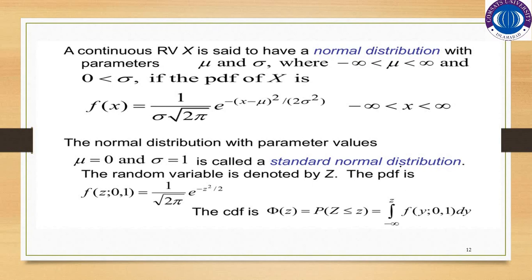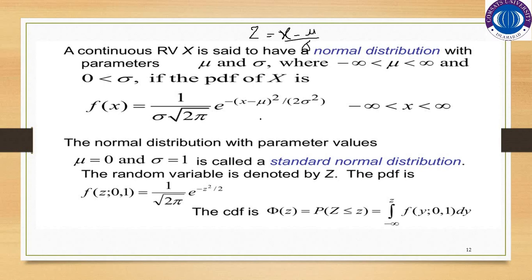Now this is the standard normal distribution, and what will be its PDF? Here you know that z is equal to small x minus mu over sigma.